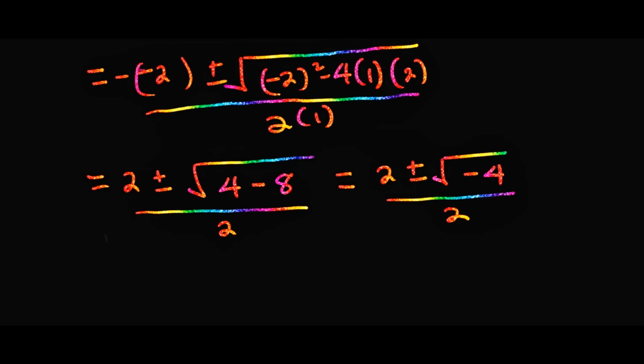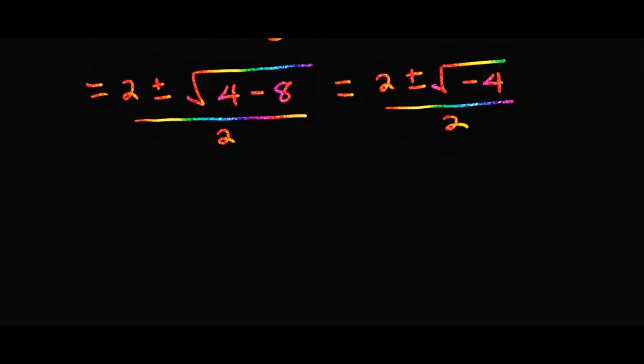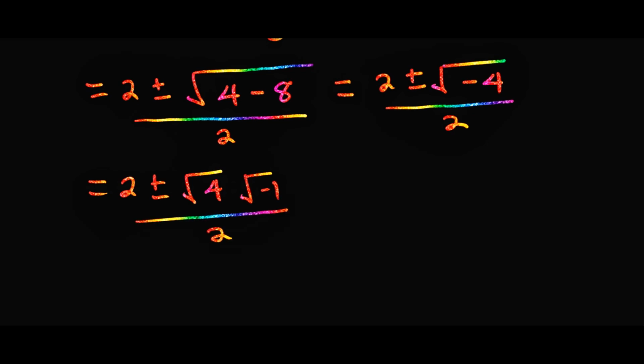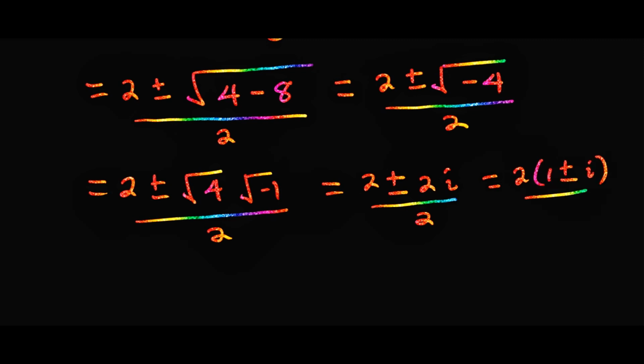So we can write root of -4 as a product of two numbers, that is 2 plus or minus the root of 4 times the root of -1 over 2. So we have 2 plus or minus, the root of 4 is 2, and the root of -1 is i, and that is over 2. So we can factorize 2 in the numerator, that we have 2 times 1 plus or minus i over 2.